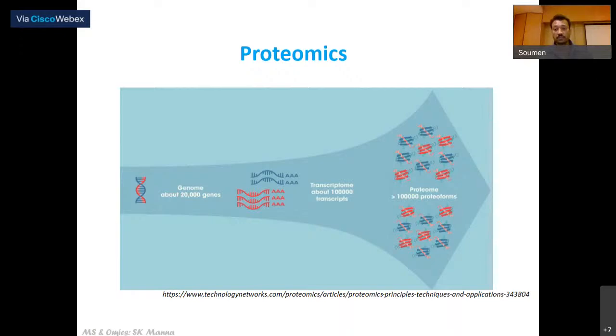But the proteoforms that constitute the proteome are more than a million, because there are several types of post-translational modifications. In addition, as we discussed in the initial class, there can be folded, partially folded or unfolded forms of a protein, and that can lead to a difference in activity, over and above the chemical modifications of proteins and peptides. So how to identify them?